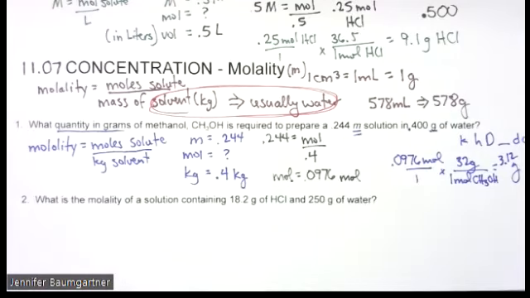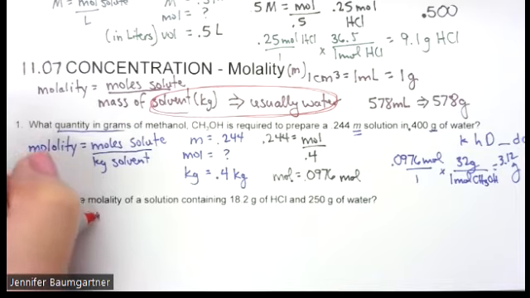Take a crack at it. Okay, let's go ahead and hopefully you pause the video and try to work on this. So for this one, what is the molality of a solution containing 18.2 grams of hydrochloric acid and 250 grams of water? So again, we're doing molality. It is moles of solute over kilograms of solvent.